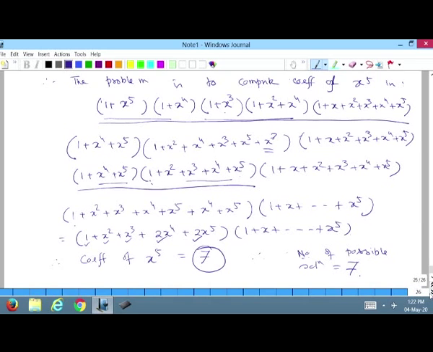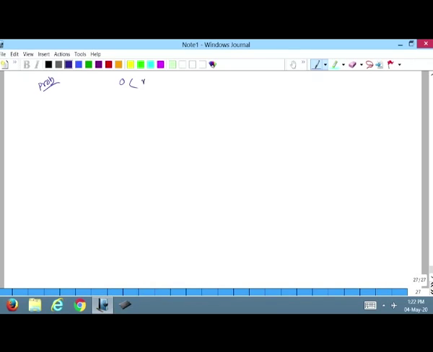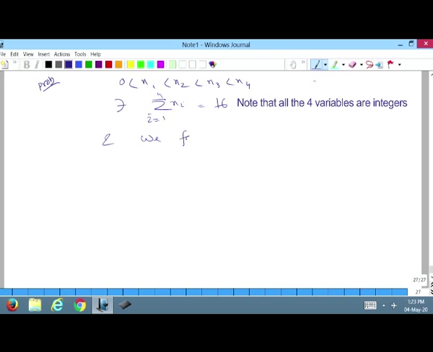We have done a very similar problem, 0 less than n1 less than n2 less than n3 less than n4, where we wanted the total, the sum of ni for i equal to 1 to 4, to be equal to 16, and we found that the number of solutions is equal to 9.